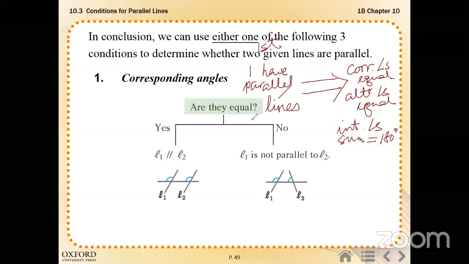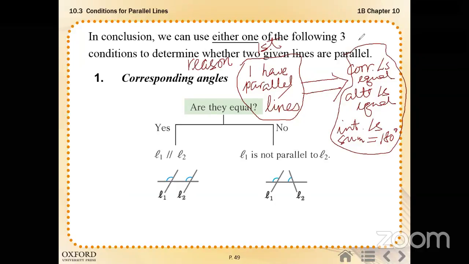It means in the previous sessions, this part, we can say that it is the reason. And then we have the result. This is session 2, the one that you have just learned.